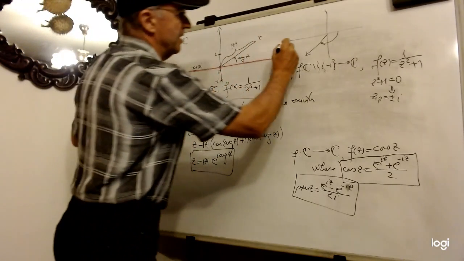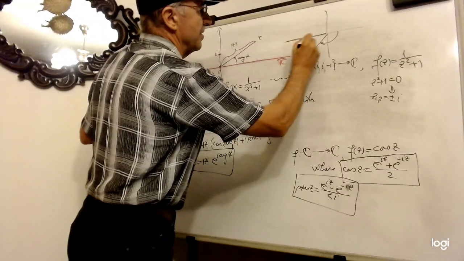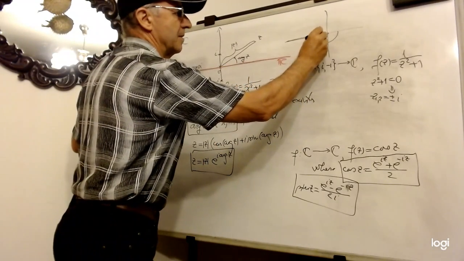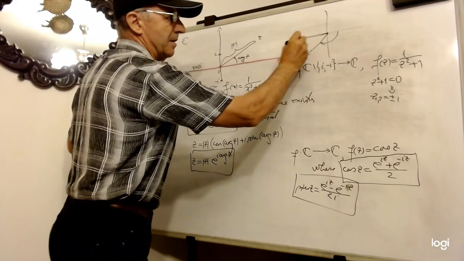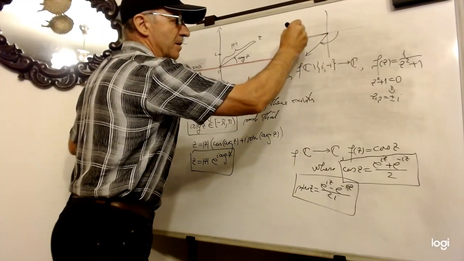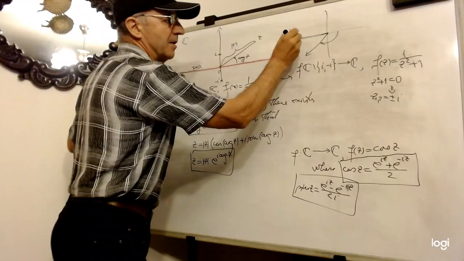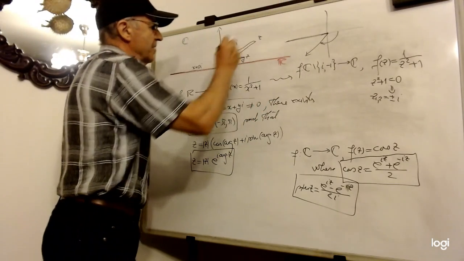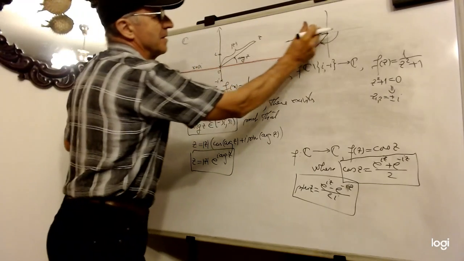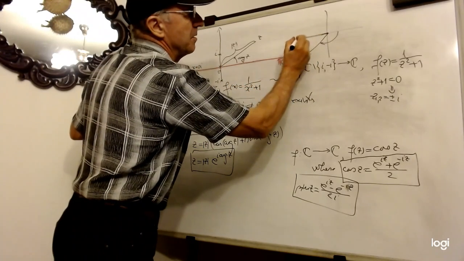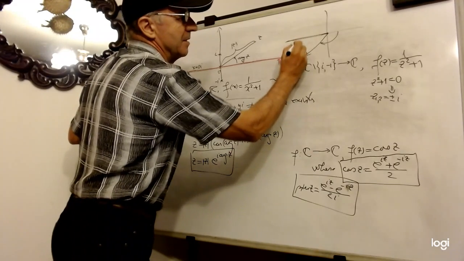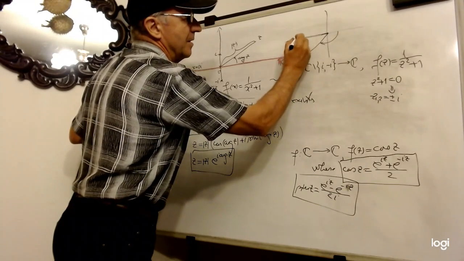This function is discontinuous on this subset. Here it is not defined, and here, for example, for a point, when the point tends in that direction, then the argument is almost pi, and here it is minus pi, so the limits are different.